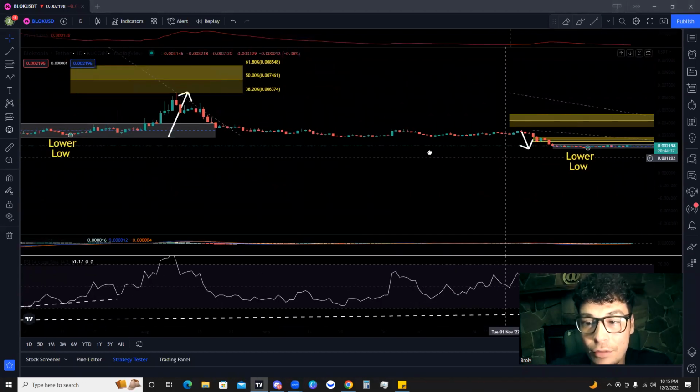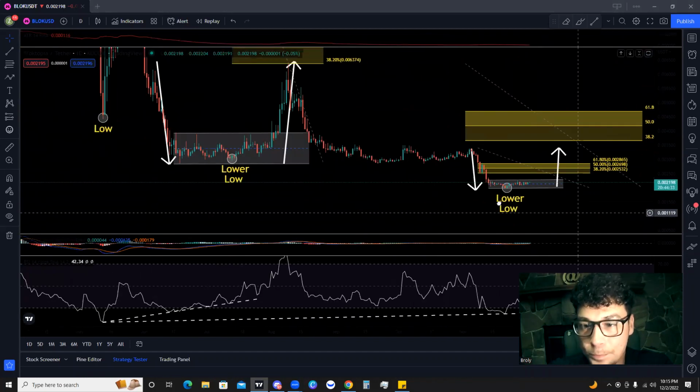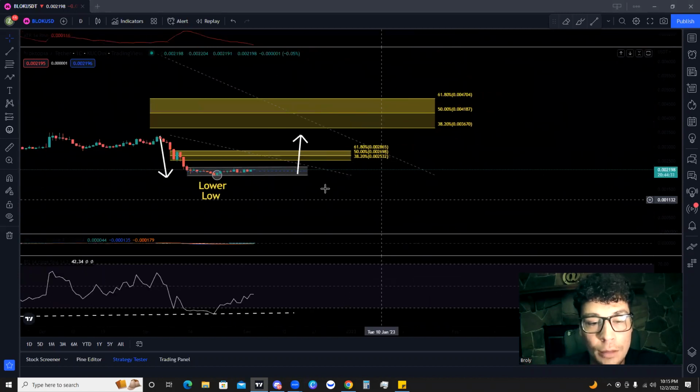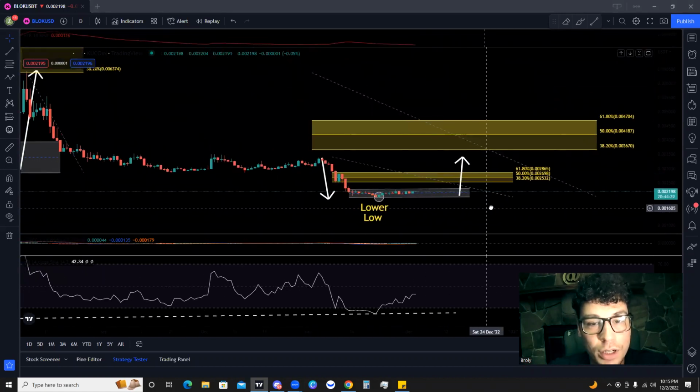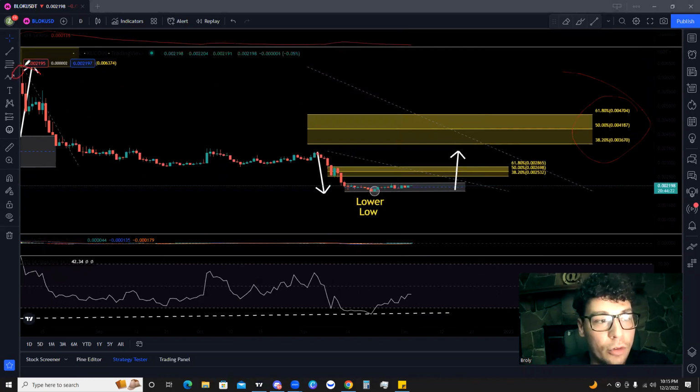Now we're seeing a very, very similar setup currently on the chart for Blocktopia. Okay. So there's really three things that I'm watching here. I'm looking at the much larger trend. So that's going to be these levels up here, from our recent highs, right? So we have this big downtrend here.